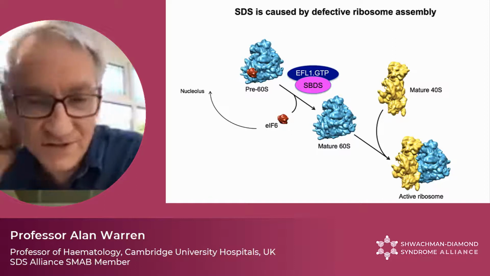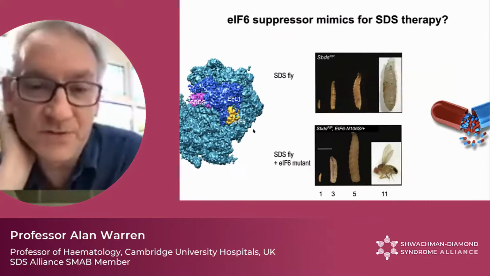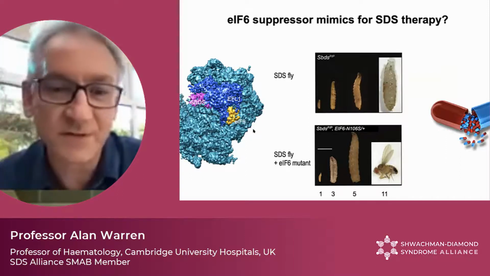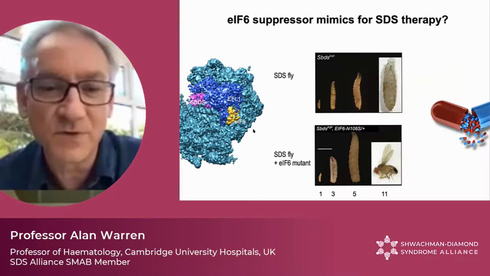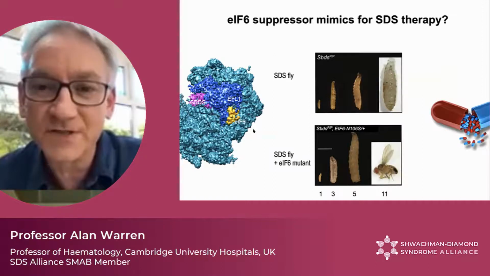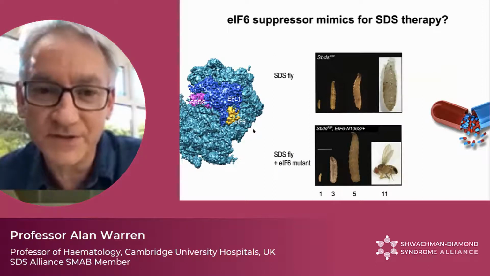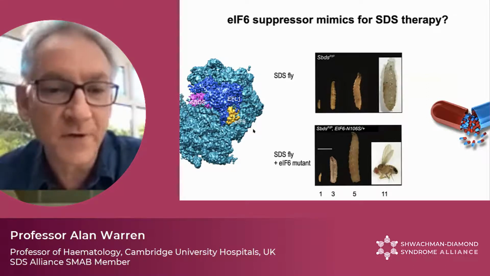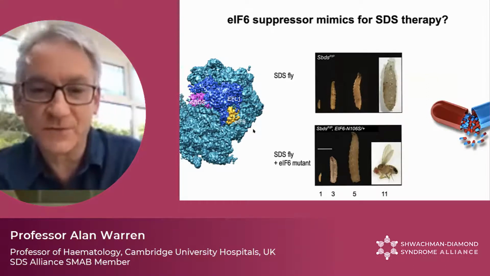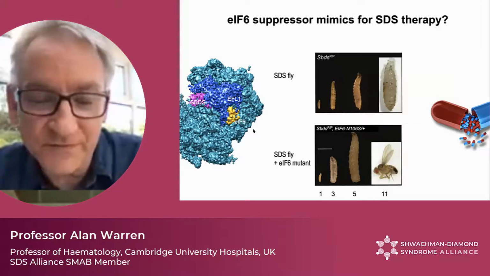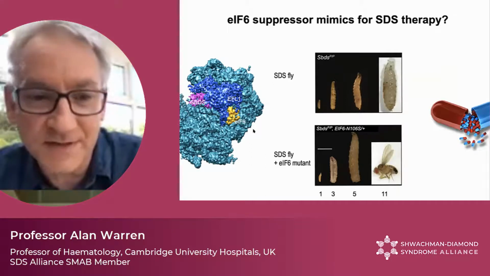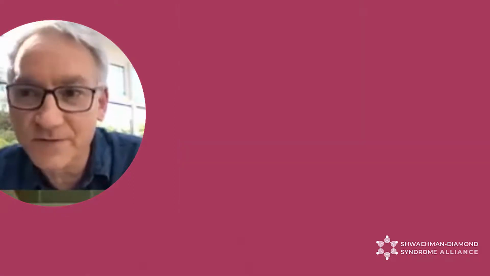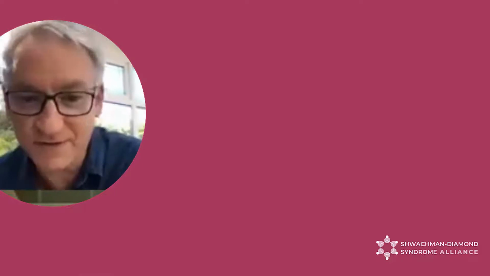This is the strategy that we're actually pursuing at the moment, and so far the results look encouraging in that we've identified some small molecules that do indeed rescue, at least partially, the phenotype of these SBDS deficient flies. But it's absolutely essential to moving forwards to try to test this in a mammalian system, and so we're really looking forward to seeing these SBDS deficient mice.